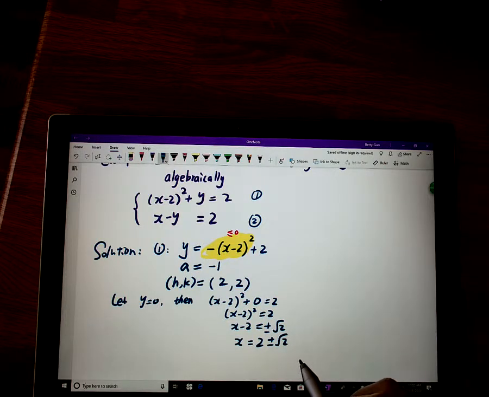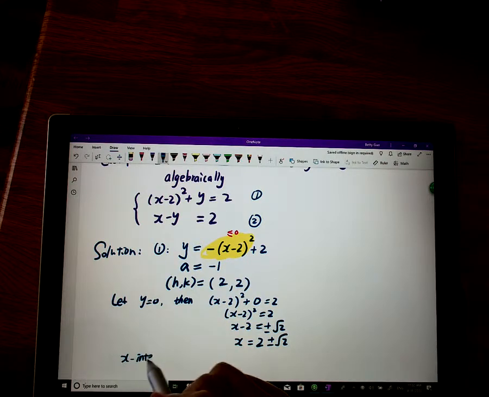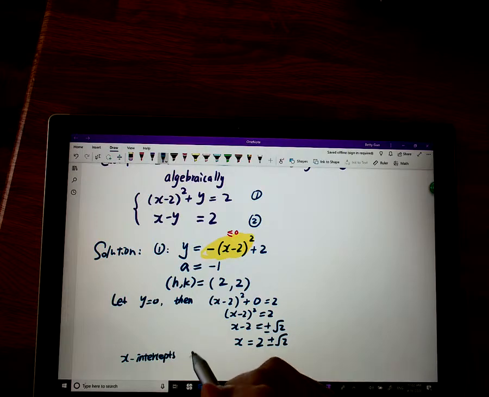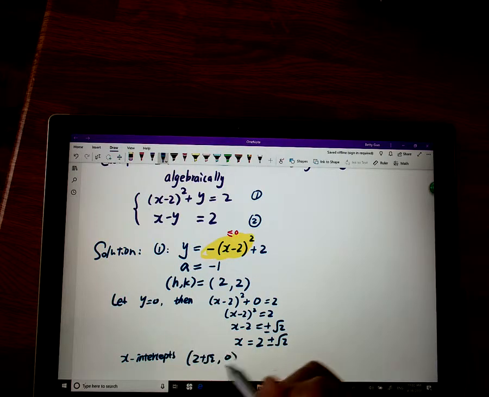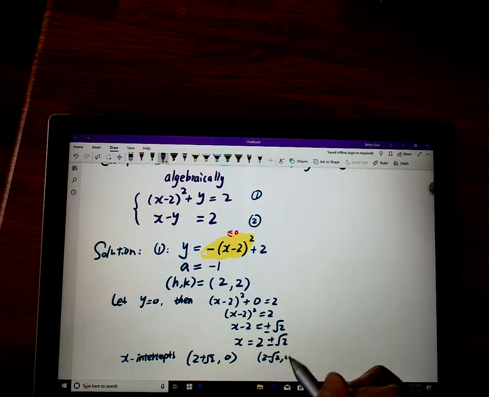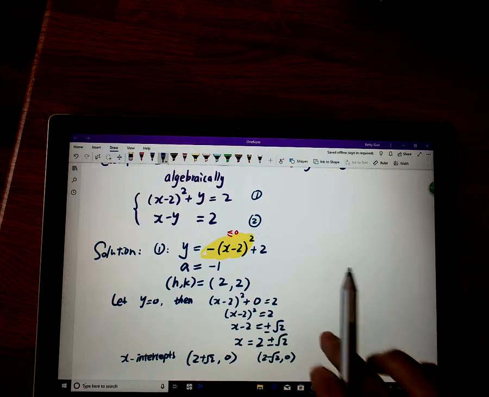That is the square root property, right? So the two x-intercepts are (2 plus root 2, 0) and (2 minus root 2, 0). This number is about 3.414. This number is about 0.5, between 0 and 1. You don't have to be that accurate. You just need to find the location for the two intercepts.